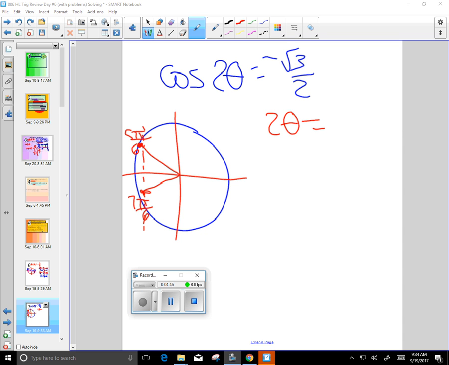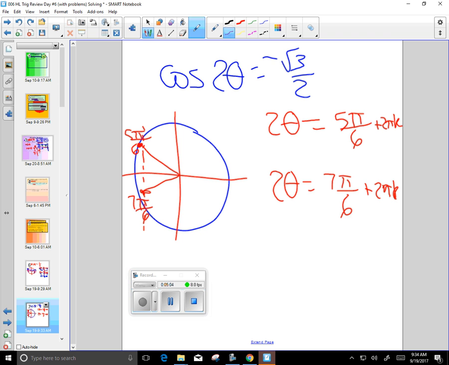All right, and so 2 theta is 5 pi over 6, and the other is 2 theta is equal to 7 pi over 6. And if we want all the possible ones, we go 2 pi k for each. Solving for theta, though, theta, to make this work, is going to be 5 pi over 12 plus pi k.